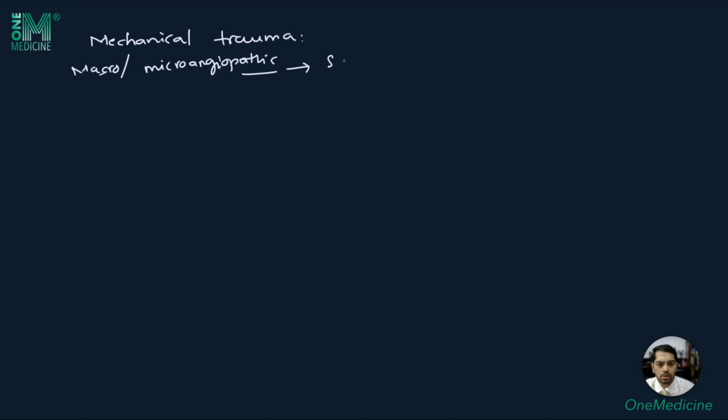Hemolytic anemia can also be caused by mechanical trauma. These can be both macro or microangiopathic. Peripheral smear classically shows schistocytes, that is broken RBCs.